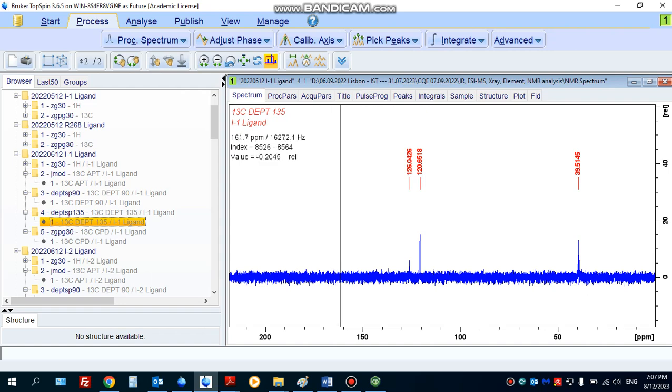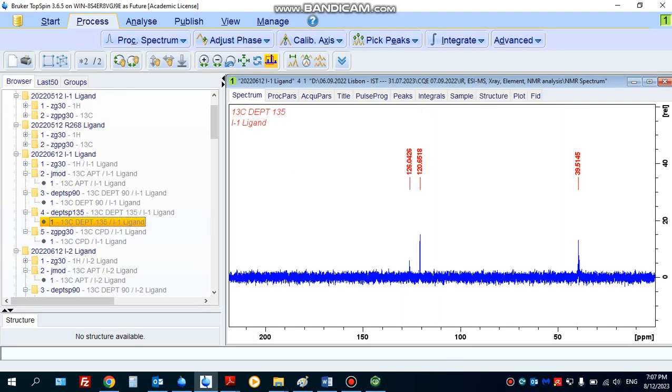So you can compare the peaks of 13C APT and 13C DEPT 135 and understand which peaks belong to quaternary carbon atoms. Here you see only CH and CH3 upside and CH2 downside. According to our structure we don't have CH2, so it can be CH and CH3.